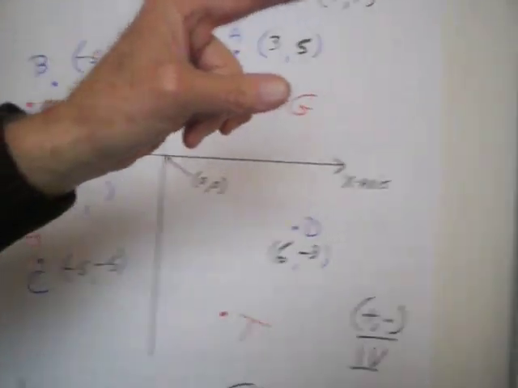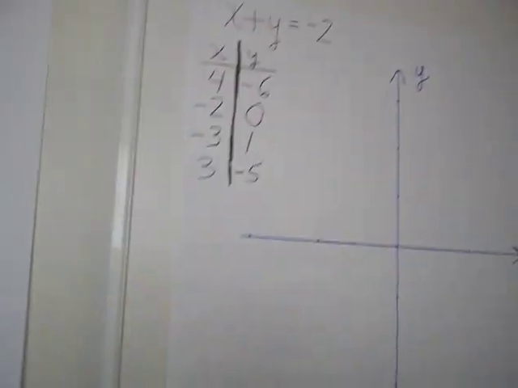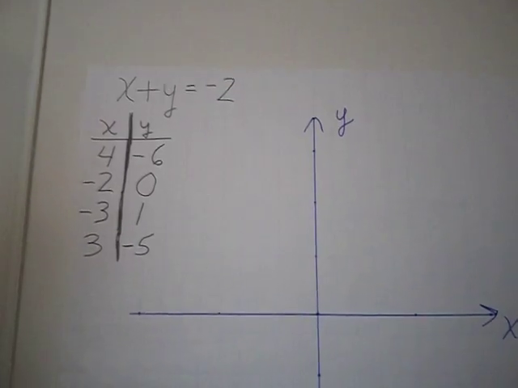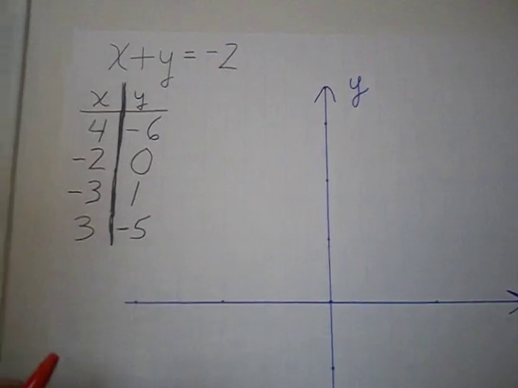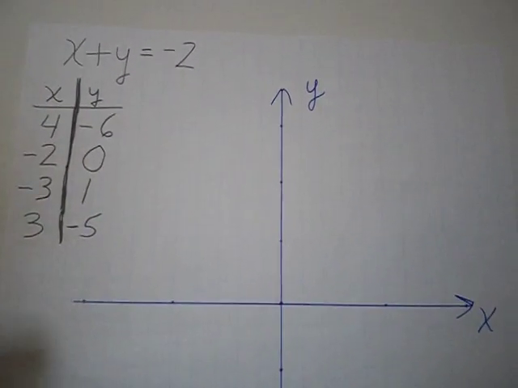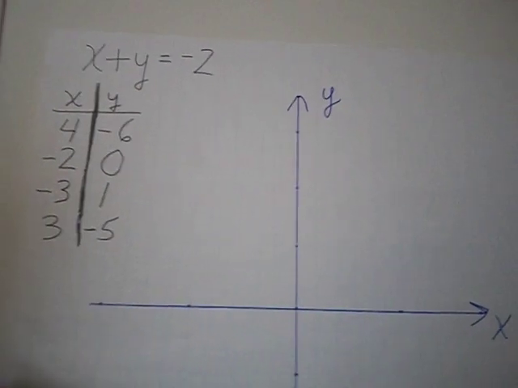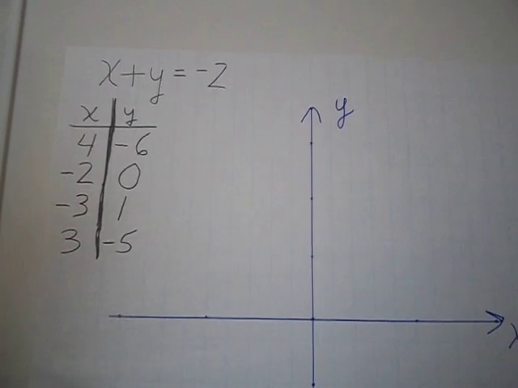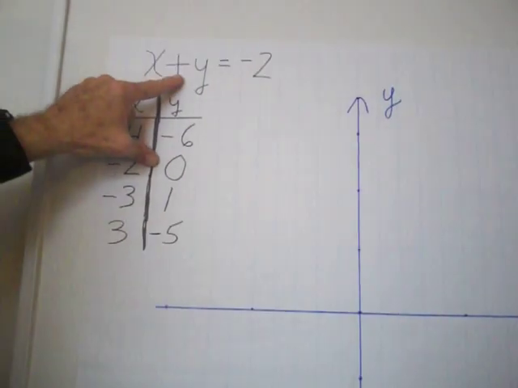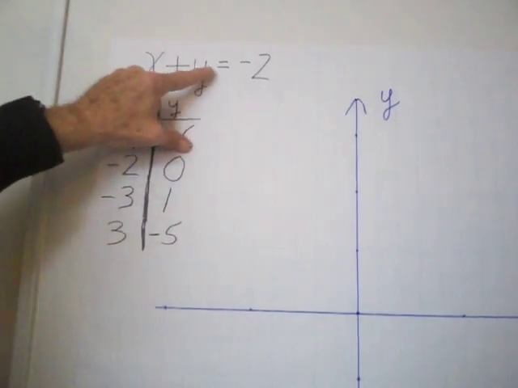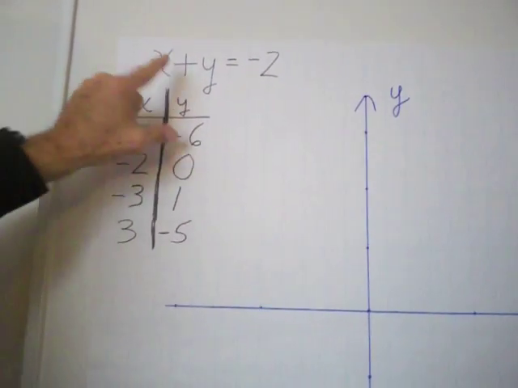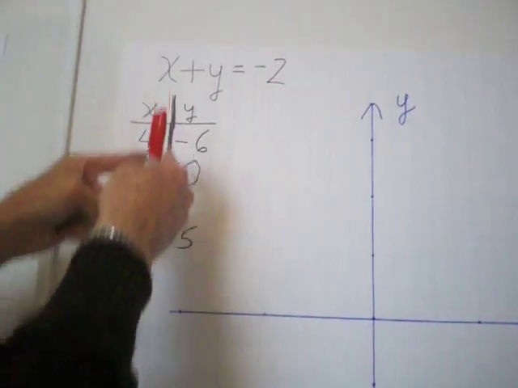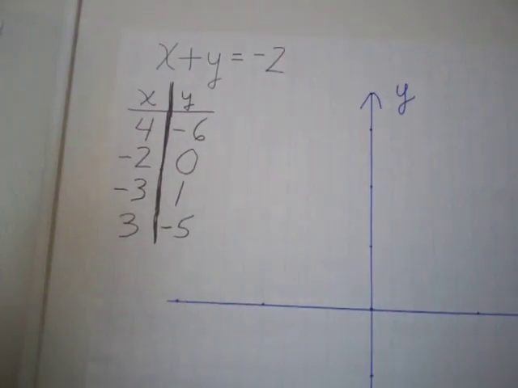Now the final thing that I want to take care of in 4-1, I want to give a little bit of closure and give the finished product of really what this is about. We mentioned that the graph of every linear equation is a straight line. I'm going to return to the equation that we had just been talking about a few minutes ago, where I gave you the equation x plus y is equal to negative 2, and we had to complete the ordered pairs for that equation.